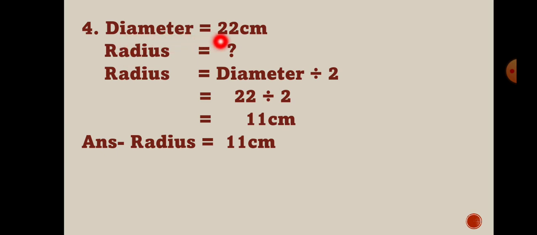Diameter is equal to 22 centimeter. Radius you have to find. So next line, write radius is equal to diameter divided by 2. Now what is the diameter given? 22 divided by 2. Now in the 2 table, 22 comes at 11 times. So your answer is 11 centimeter. Answer: radius is equal to 11 centimeter.